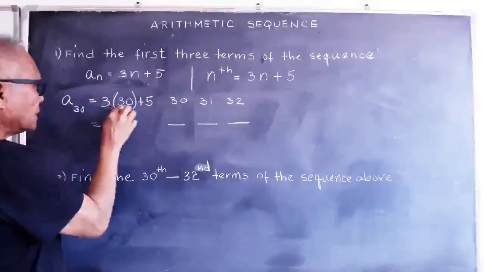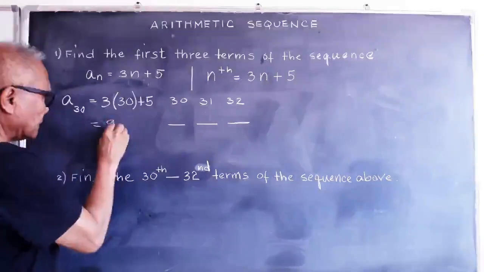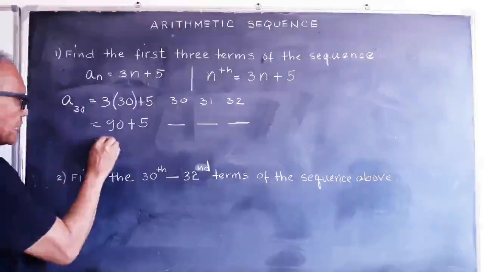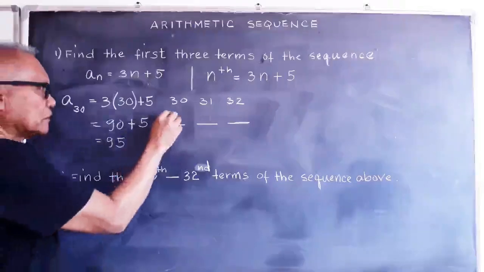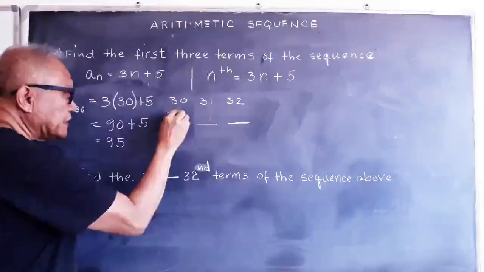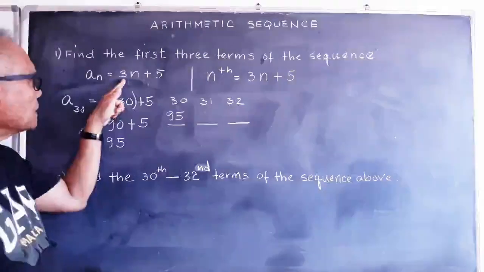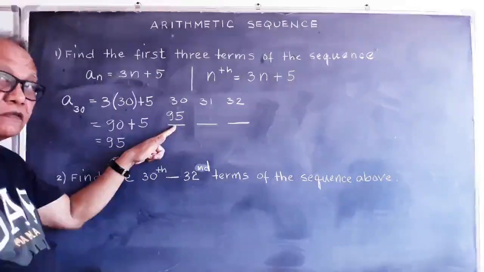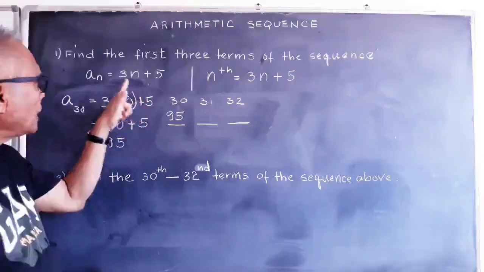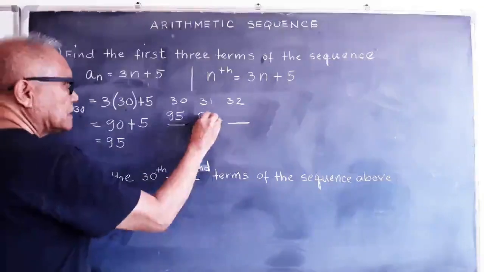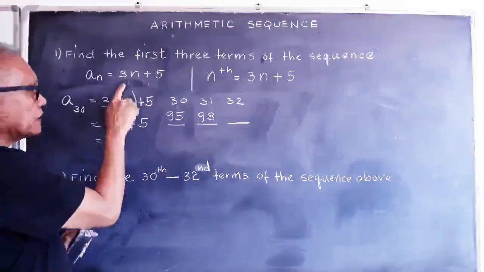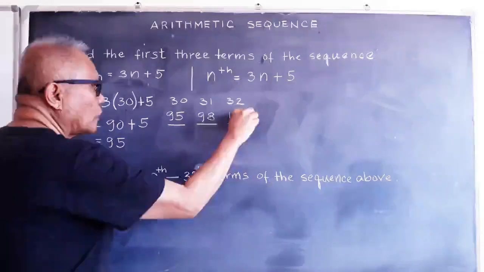Okay, so 3 times 30 is 90 plus 5, so we have 95. So we know that this one is 95. Let's have the shortcut. What is the shortcut? We just get the difference, 3, then we add it to 95. So we have 95 plus 3, so this one is 98. 98 plus 3 is 101.